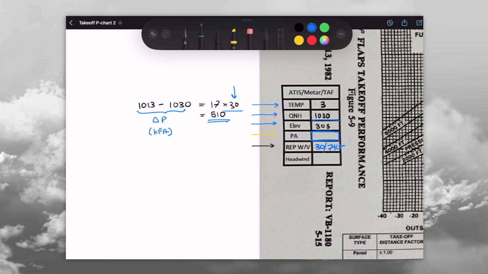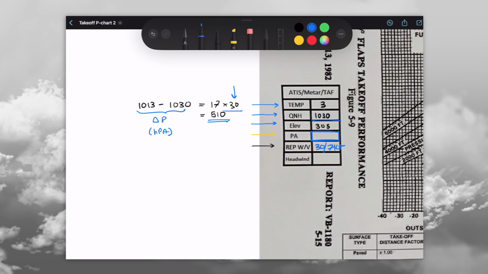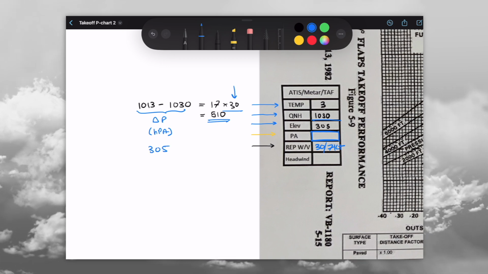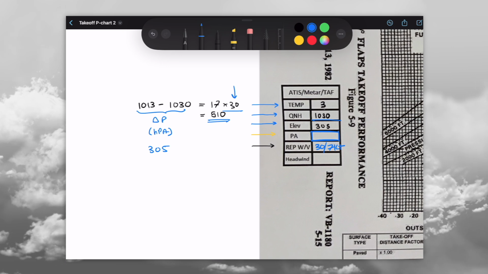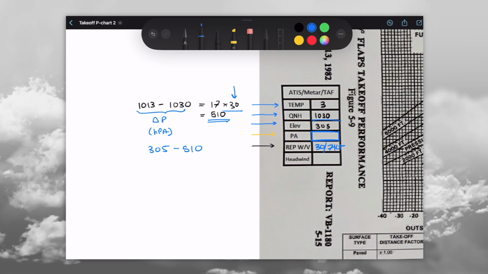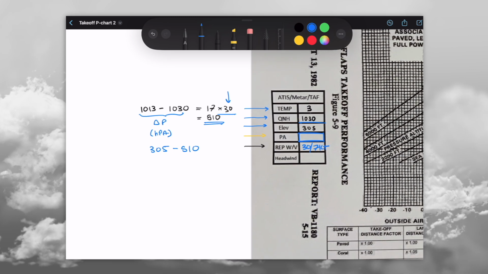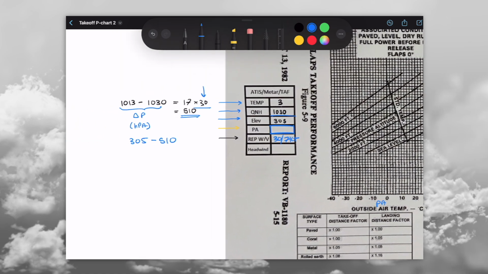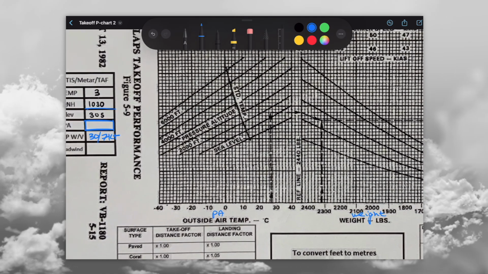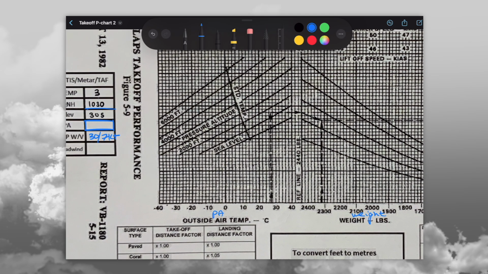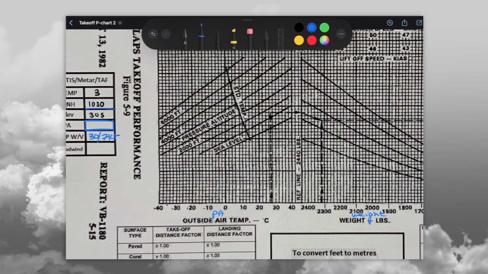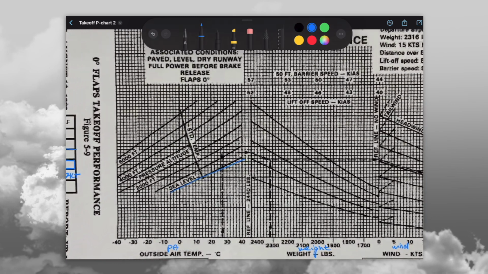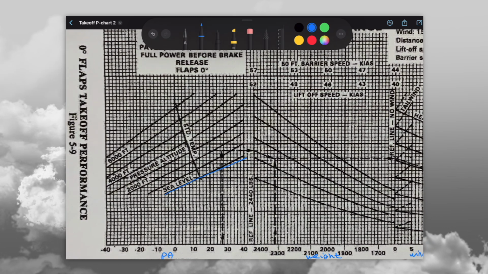So that gives us 510. And our aerodrome elevation is 305 feet minus 510, which is a number less than 0. It's a number less than our mean sea level. So we are not going to go below 0, because we don't have any data calibrated in our flight manual below this line that I've just drawn.